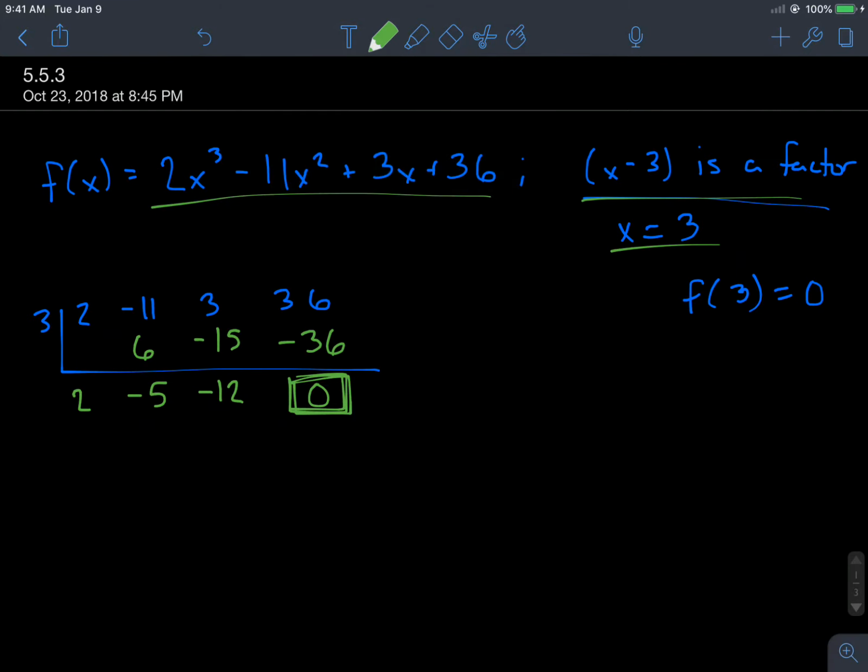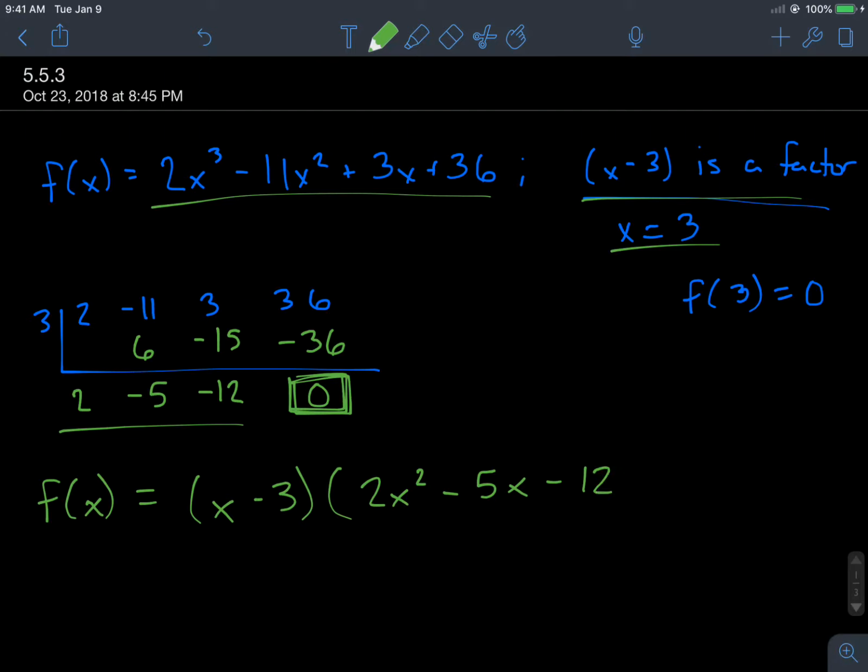So what we can do now is say that if we divide out x minus 3, we're left with the polynomial from that 2, negative 5, and 12. We had started with 2x cubed. We've taken out an x. So now we have 2x squared minus 5x minus 12. And in this case, we don't have a remainder because that remainder was 0.